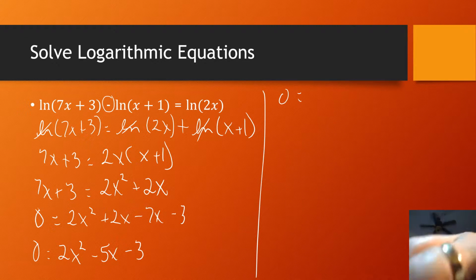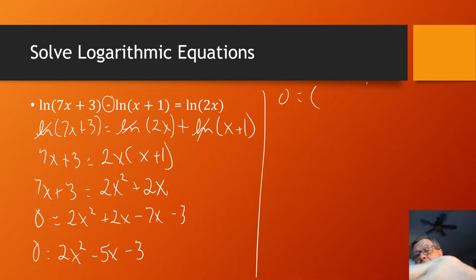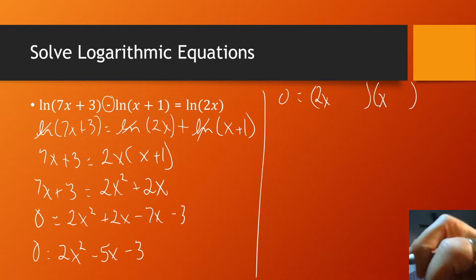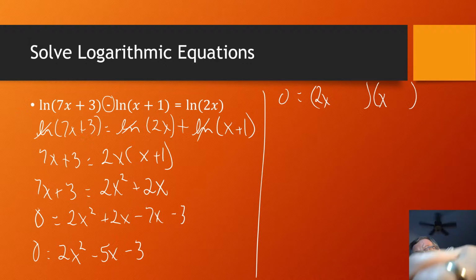So I got 0 equals, and let's put in here 2 parentheses. All right, so I got 2x squared, so I'm going to have to have a 2x and an x. And then I've got negative 3 and negative 5. So I think that's got to be 3 and 1. So I know I've got to have a plus and minus in my parentheses.